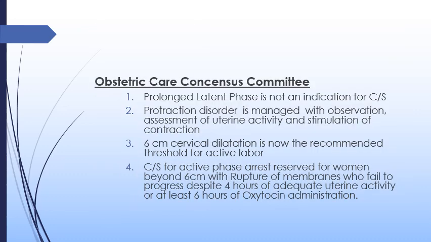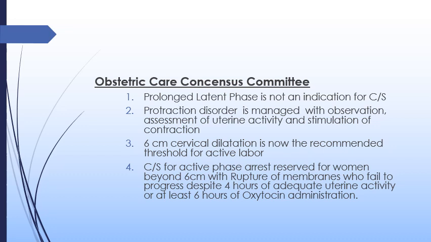The Obstetric Care Consensus Committee states that prolonged latent phase is not an indication for cesarean section. Protraction disorder is managed with observation, assessment of uterine activity, and stimulation of contraction. 6 cm cervical dilatation is now the recommended threshold for active labor.